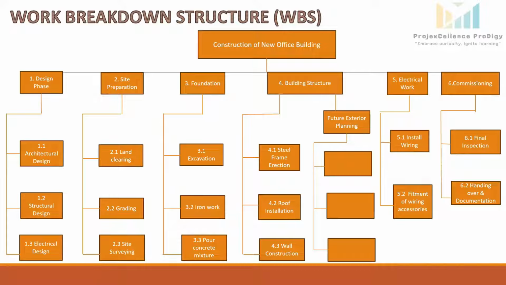Once the project reaches that stage, this planning package can be broken down into the clear work packages here. So planning packages are the placeholders for the future work and help in making this WBS structure.